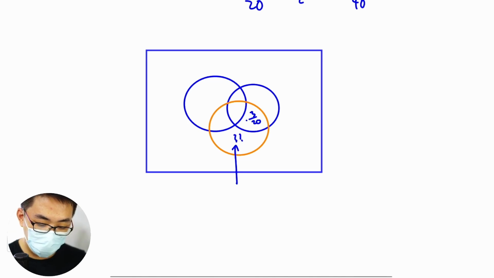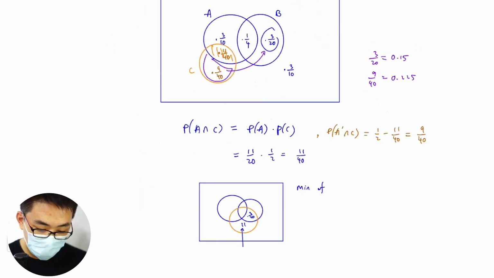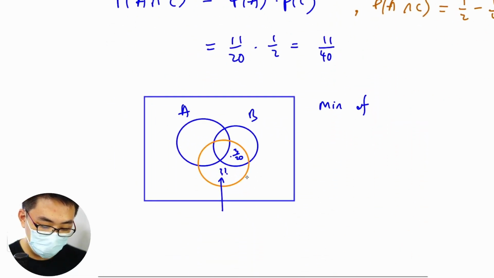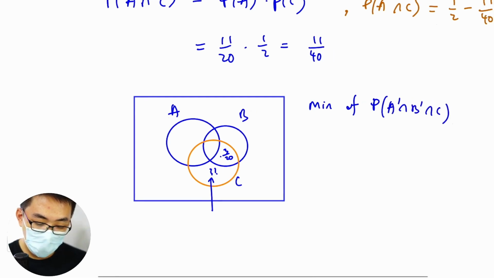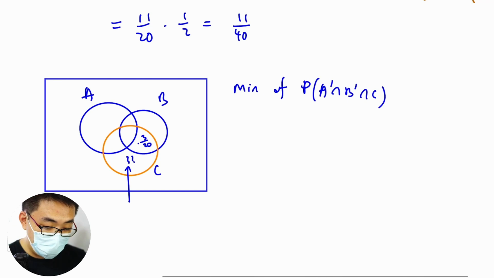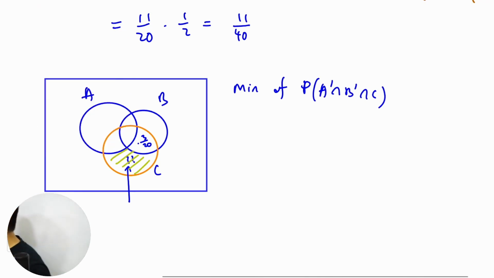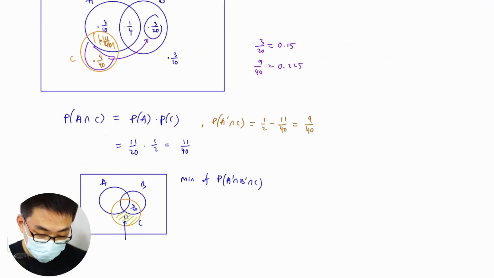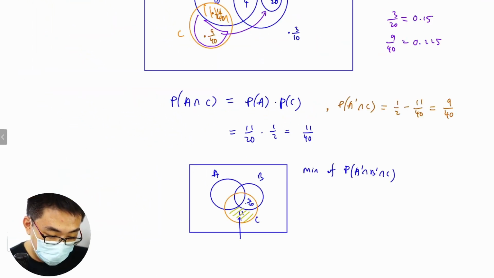Because we want to find A prime intersect B prime intersect C, where is that? It is actually here.